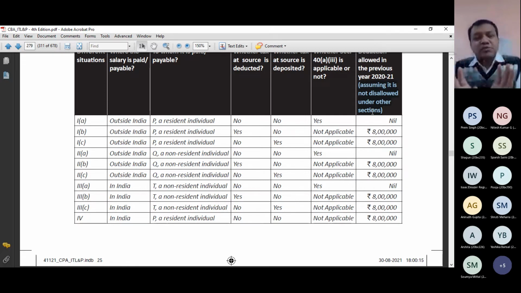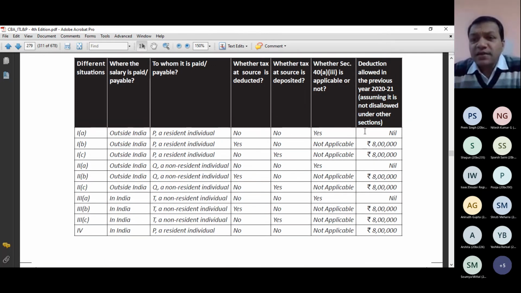First, any expenditure should be a valid expenditure, then you have to check all the sections which disallow some expenditures. That is why in my last column, everywhere I have written deduction allowed in the previous year, where 8 lakh is written, carefully see in the bracket that this 8 lakh is allowed as per section 40 clause A. But one more assumption is going on simultaneously: I am assuming that it is not disallowed under other sections. Is the concept clear? If yes, please raise your hands.